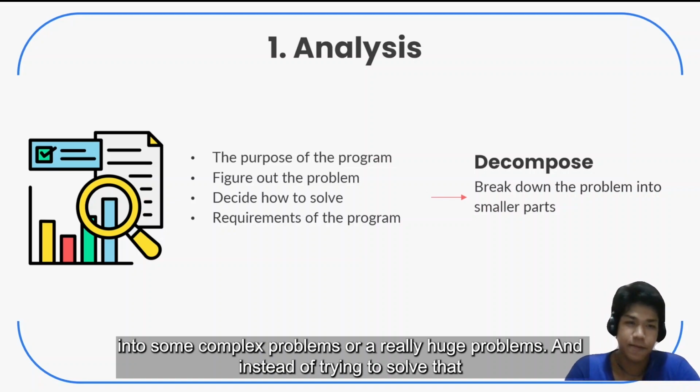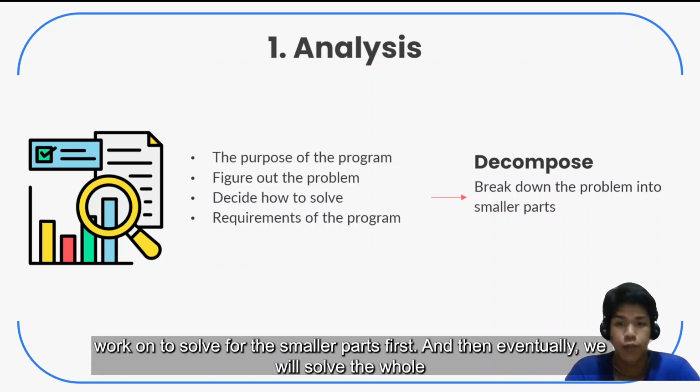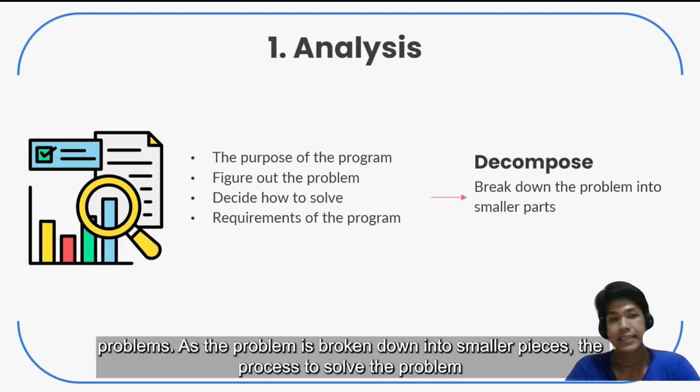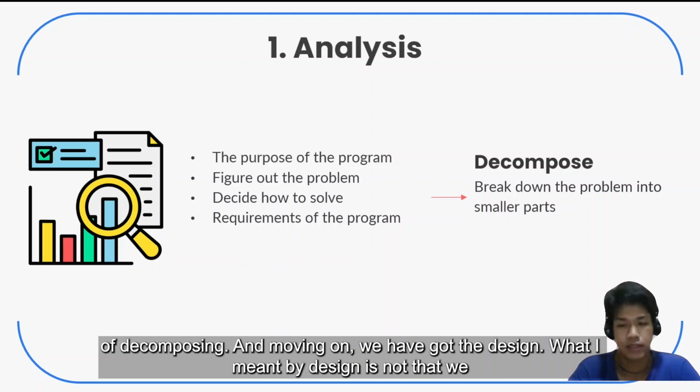And instead of trying to solve that problem in one go, we can break down the problem into smaller parts, and then we can work on solving the smaller parts first, and then eventually we will solve the whole problem. As the problem is broken down into smaller pieces, the process to solve the problem is much easier than solving it in one go. And that is the purpose of decomposing.